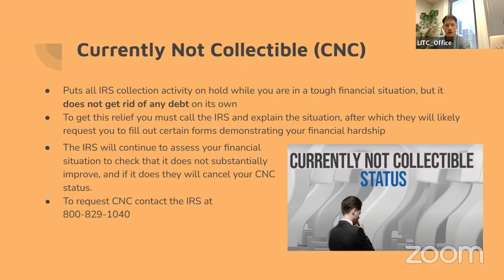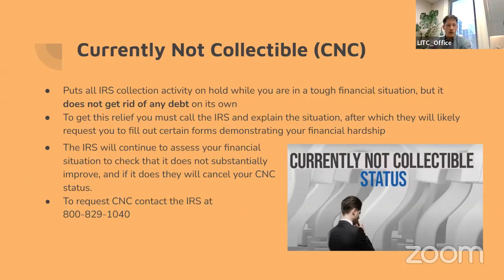Now, this is a temporary solution, and it does not get rid of any of the debt that you owe, but it can be very beneficial for clients who are in an extremely difficult financial position. They don't feel that they can make monthly payments to the IRS, and for whatever reason, the offer in compromise isn't favorable. Maybe they have too many assets or something to that effect.